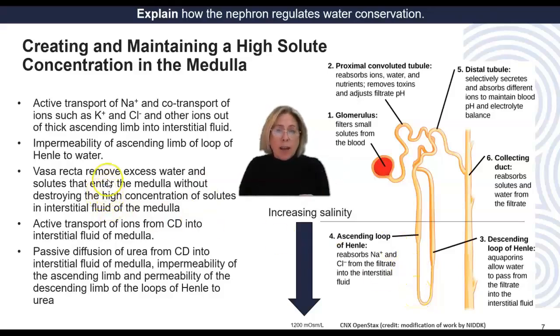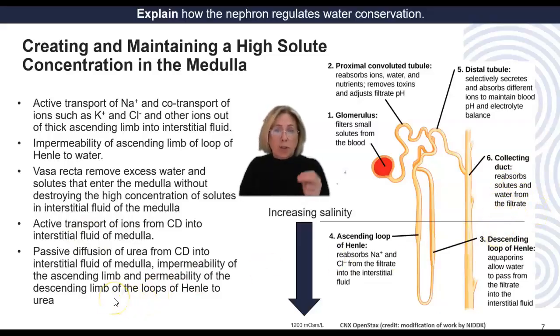We have the vasa recta, which have the ability to remove excess water and solutes that enter the medulla without destroying the high concentration of solutes in the interstitial fluid of the medulla. We have active transport of ions from the collecting duct into the interstitial fluid of the medulla, right?